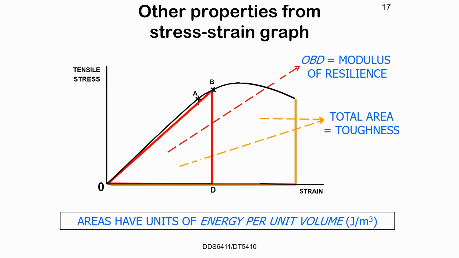At the final strength, we have fracture. So if we take the total area underneath that curve, it would be the energy required to separate the material. And that's called toughness. Resilience and toughness, they're both measures of energy required to cause permanent damage or fracture of the material.